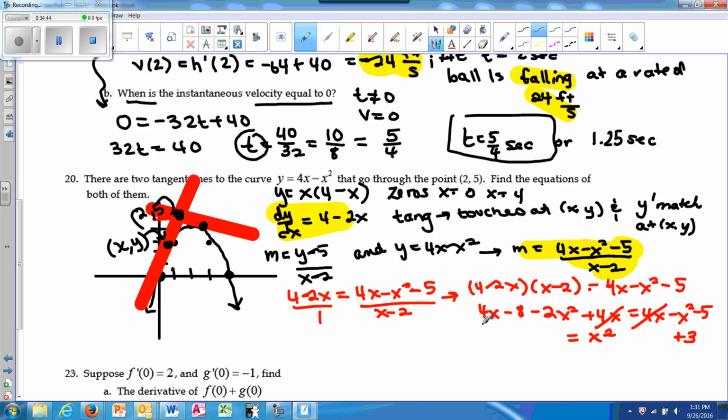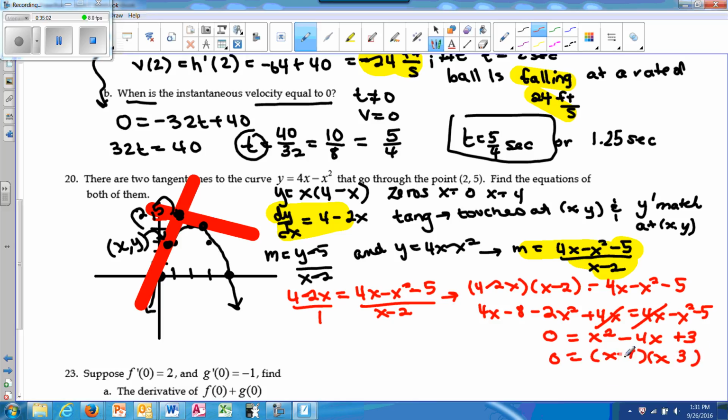Foiling, we get 4x minus 8 minus 2x squared plus 4x equals 4x minus x squared minus 5.